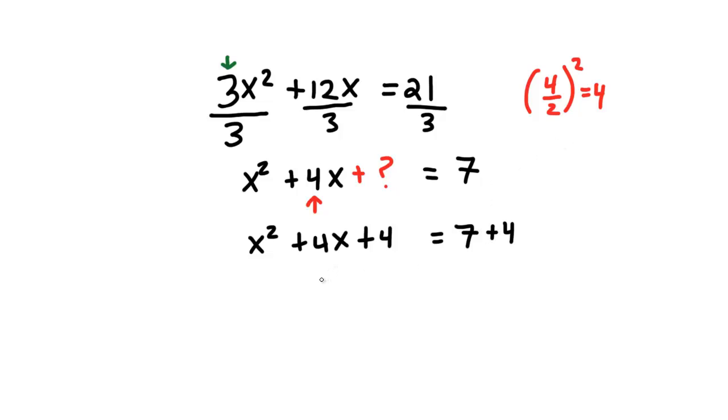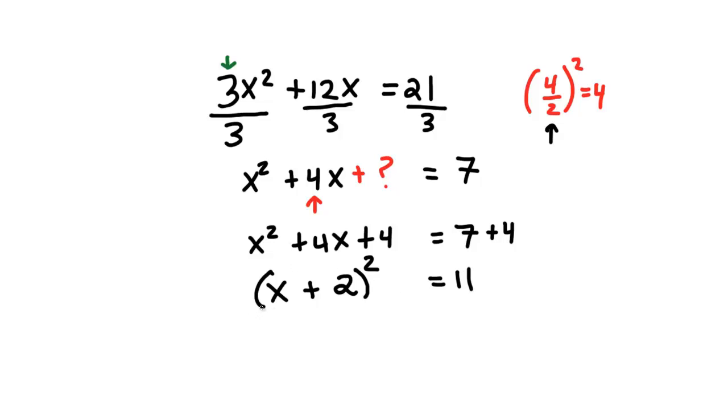Right? Now, since this is a perfect square trinomial, we can rewrite this as a binomial squared. So the x will go here, and it was 4 over 2, so the 2 will go here. Right? 4 over 2 is 2, and that's a plus sign, and that's equal to 7 plus 4 is 11.